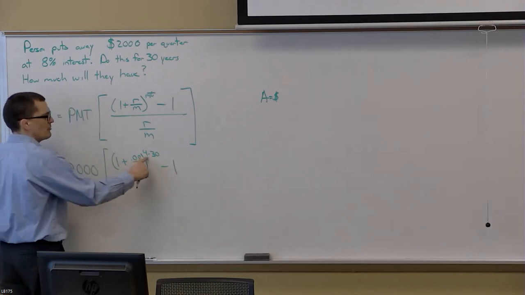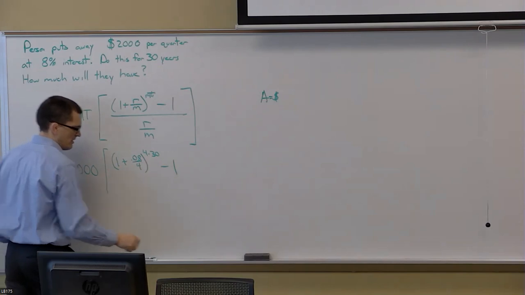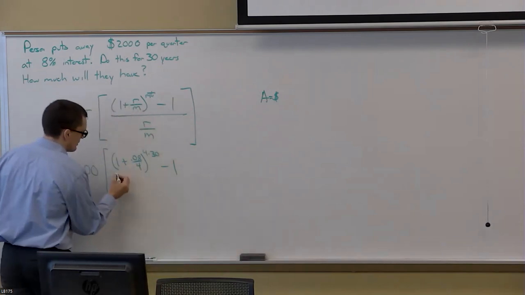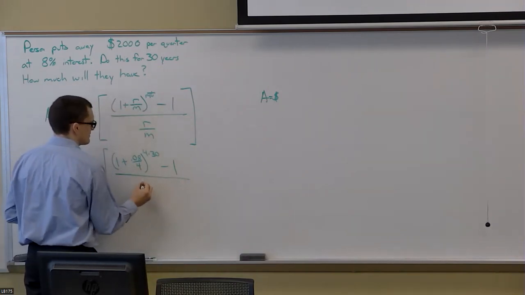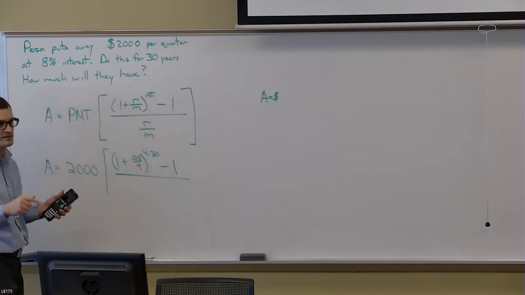And again, when we multiply that, oftentimes I will write 120 when I type it into my calculator just to make it easier on myself. 4 times 30 is 120.